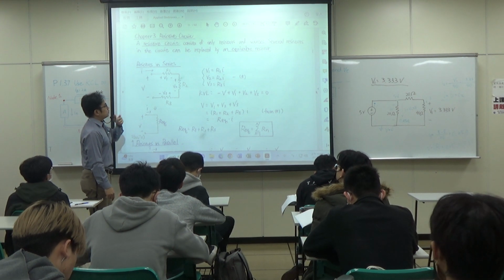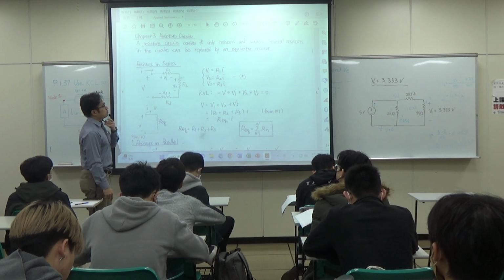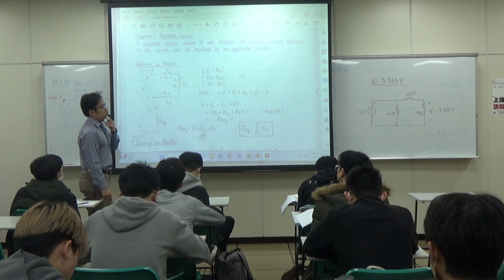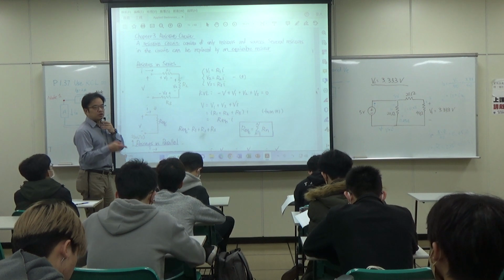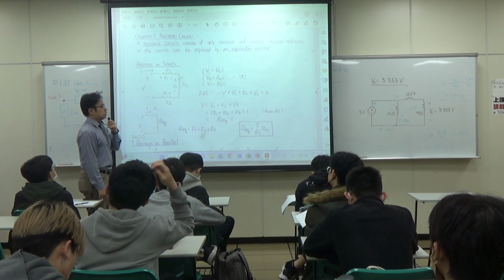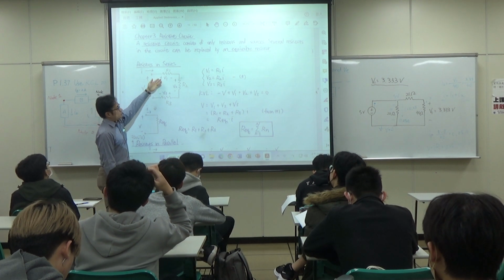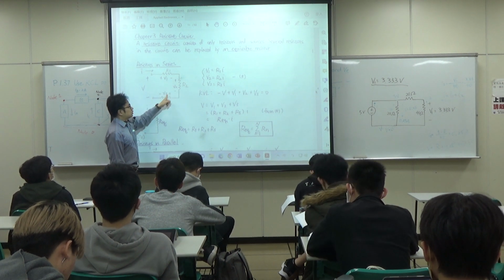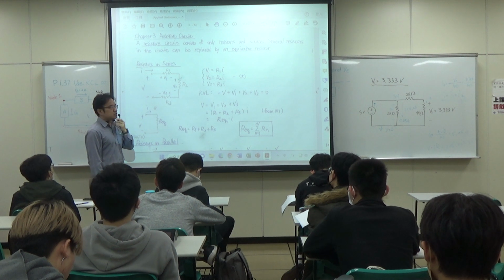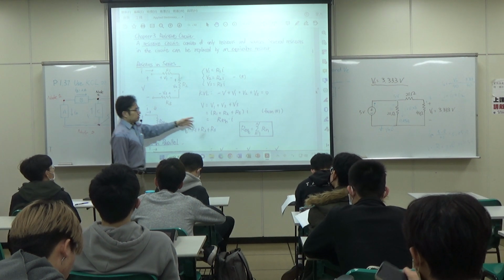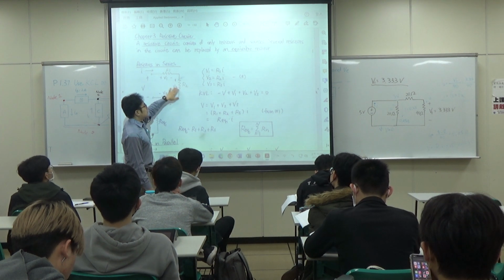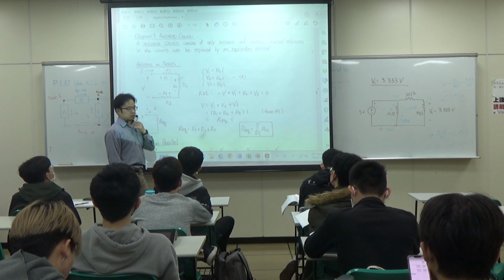So if we can combine several resistors and replace by an equivalent resistor, and you must learn this before. So for example, for resistors in series, R1, R2, R3, we know the equivalent resistance is the summation of R1, R2, and R3.